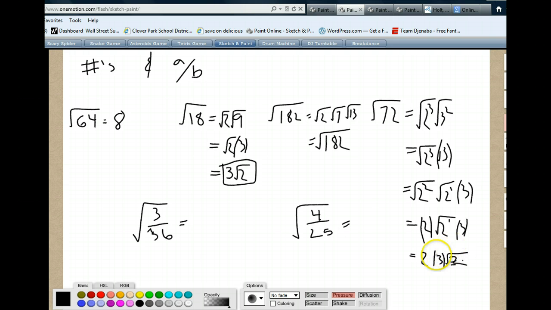And I do not have to add the 1 because it's the same thing as 2 to the first. And so my final answer is going to be 6 square root 2.